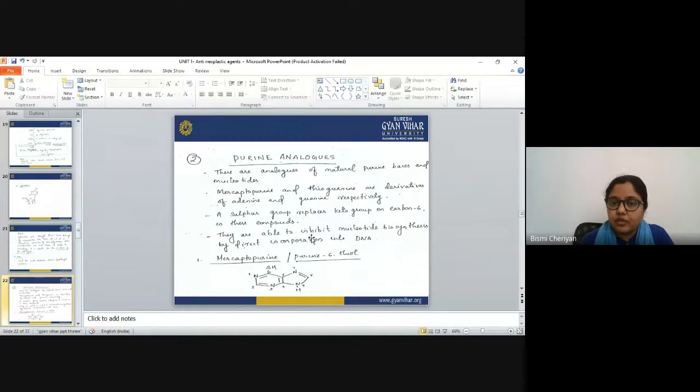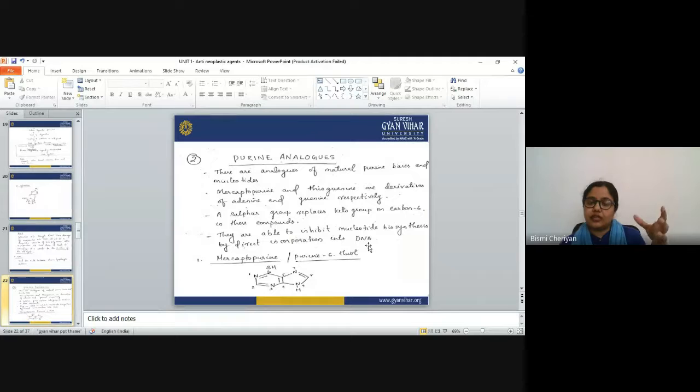They are able to inhibit nucleotide biosynthesis by direct incorporation into DNA. I have told you that all the antimetabolites have the capacity for direct incorporation into the DNA, and these purine analogs also have that capacity.